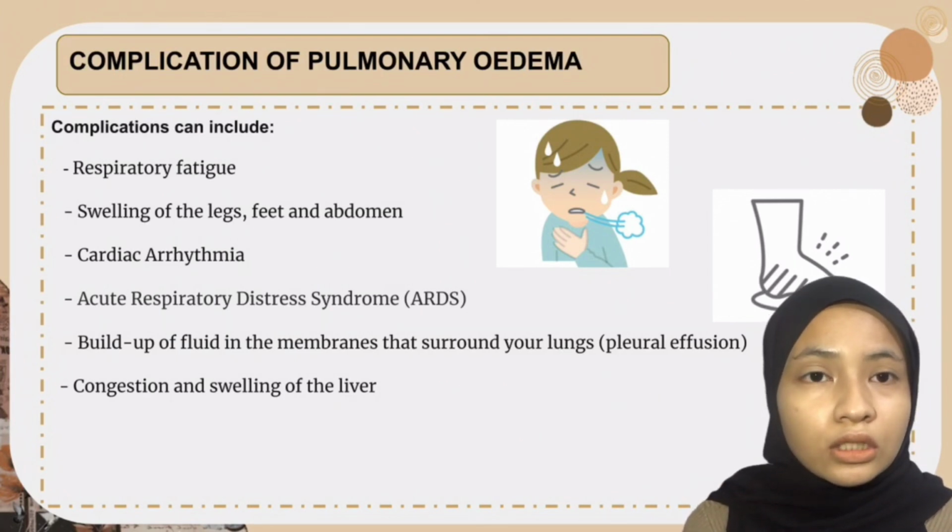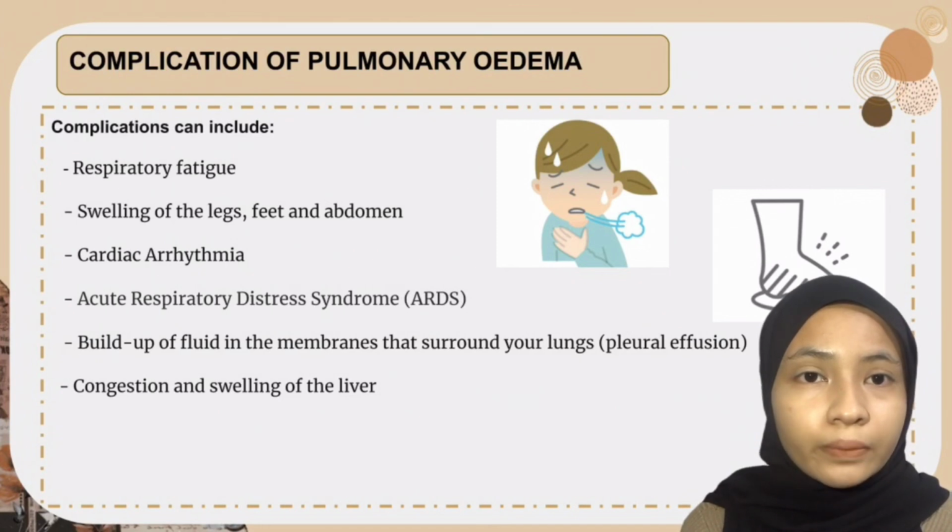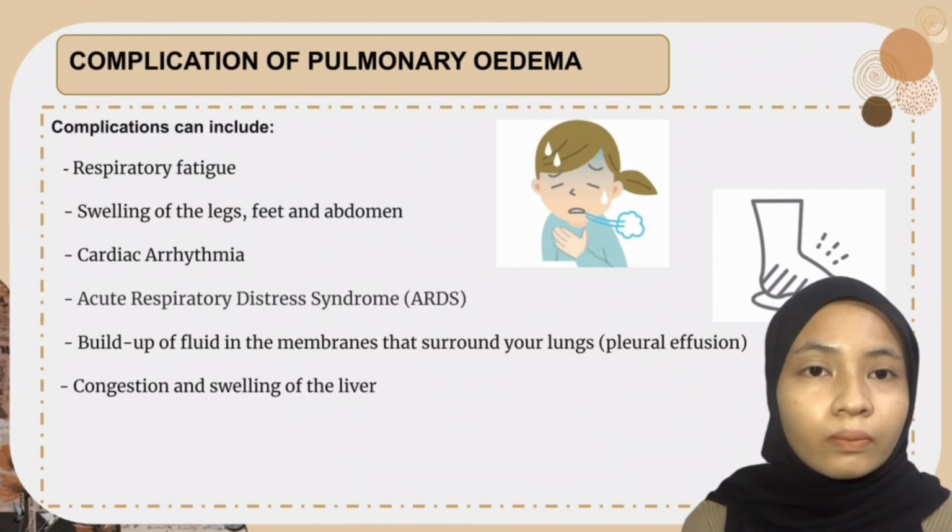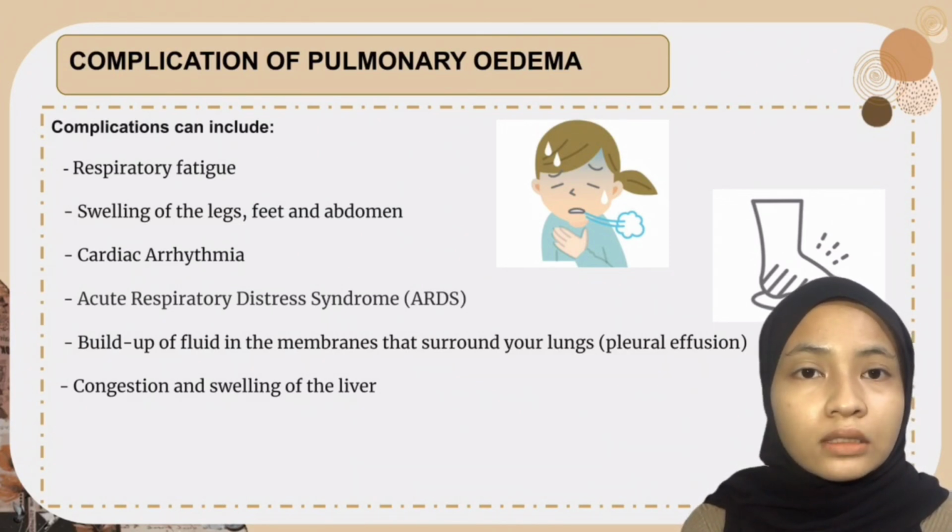Sixth, congestion and swelling of the liver. Pulmonary congestion is liquid accumulation in the tissue and air space of the lungs. It leads to impaired gas exchange and may cause respiratory failure.